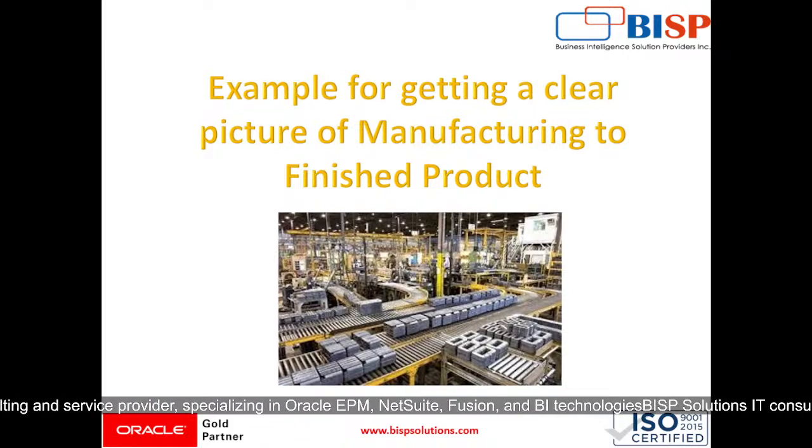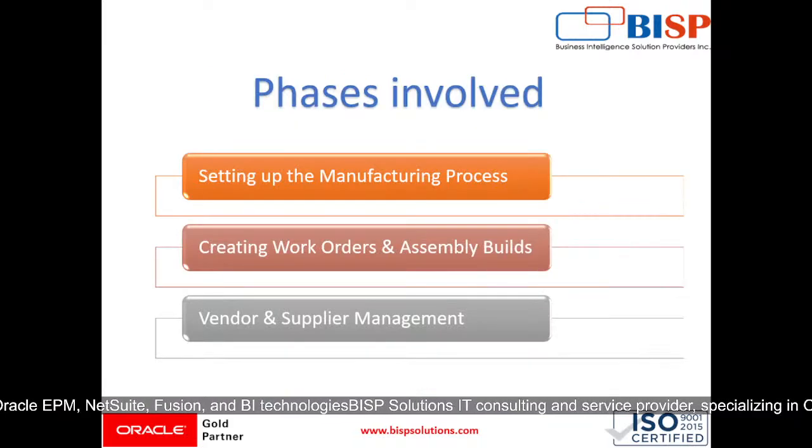Laville Inc. follows a structured process from sourcing raw materials to assembling finished products and managing vendors efficiently using NetSuite. So the phases involved from raw materials to finished products.